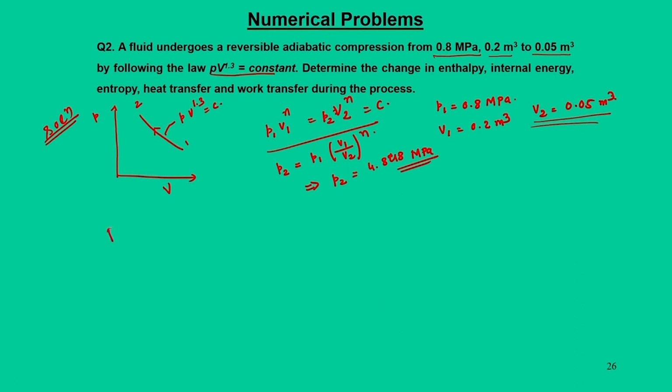Then we have to recall the TdS equation: TdS is equal to dH minus V dP. This is a reversible adiabatic process, so TdS goes to 0. So, we can find dH is equal to V dP. From this we can find the heat transfer, that is enthalpy transfer, H2 minus H1 is equal to the integral of V dP from 1 to 2.